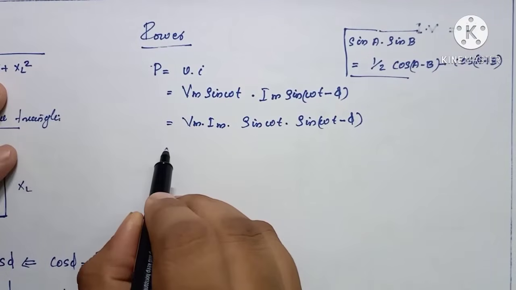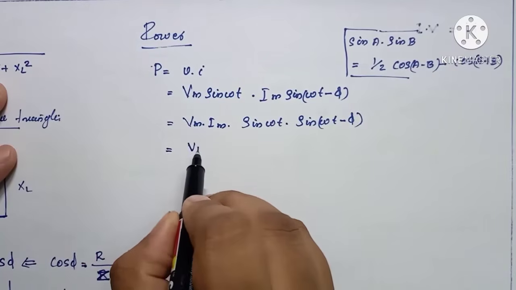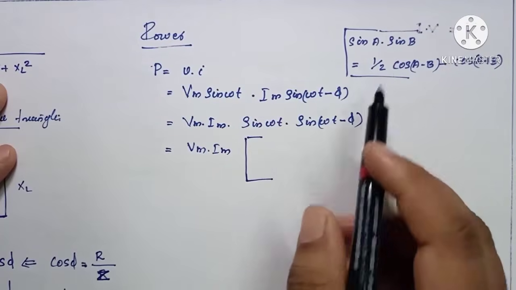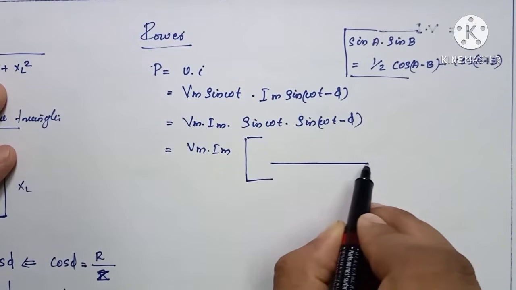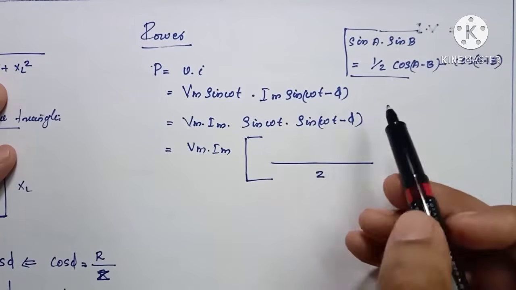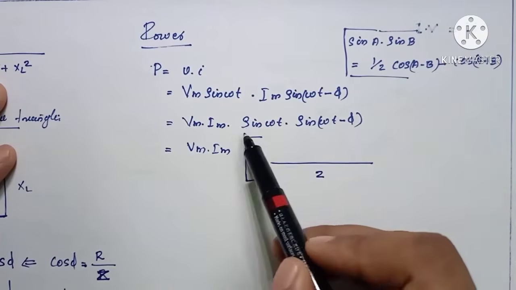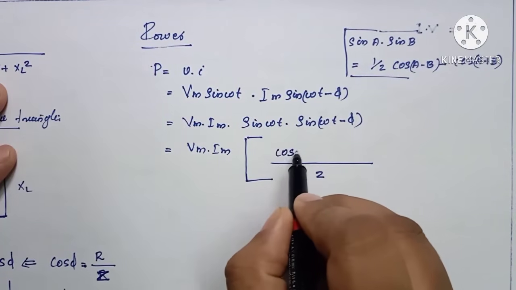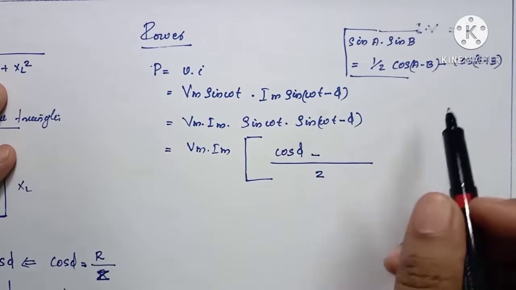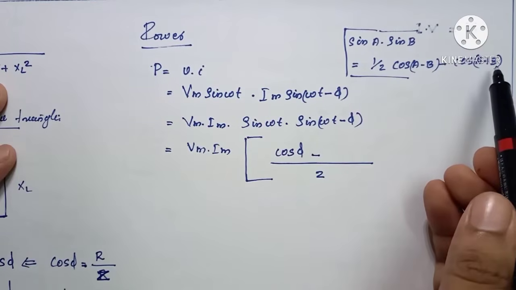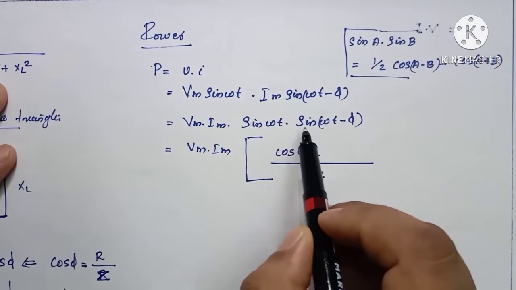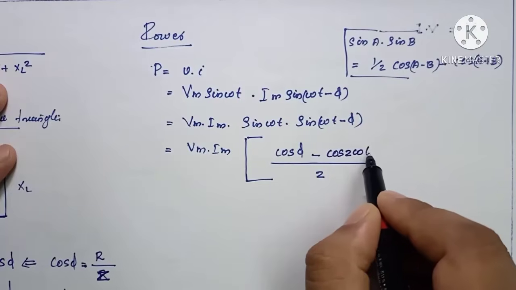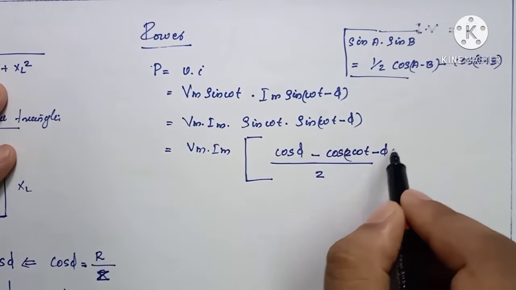I can write Vm into Im into half of cos of omega t minus omega t plus phi, which gives cos phi, minus cos A plus B, that is cos of omega t plus omega t minus phi, so cos 2 omega t minus phi.